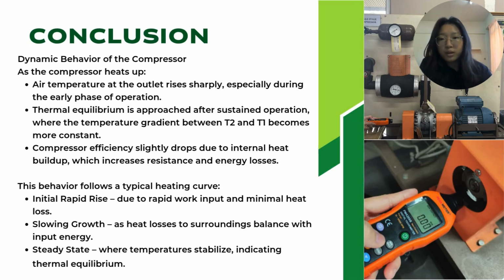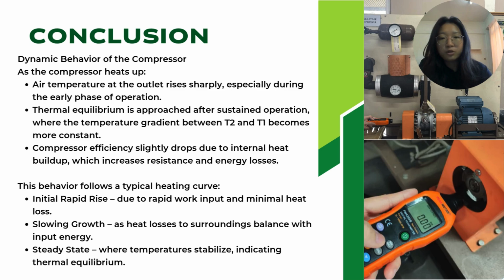For the dynamic behavior of the compressor, the first point is that as the compressor heats up, the air temperature at the outlet rises sharply, especially during the early phase of the operation. Then thermal equilibrium is approached after sustained operation, where the temperature gradient between T2 and T1 becomes more constant.